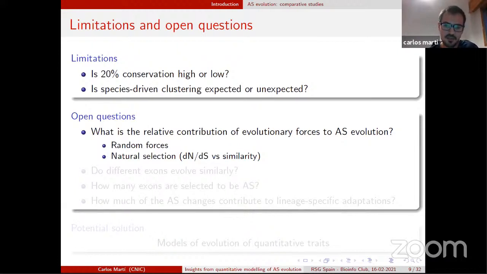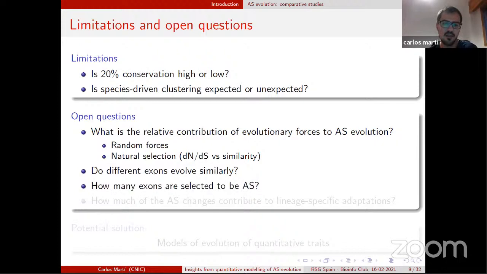Besides these, we have some other questions that have not been addressed so far and that we think we might be able to better understand. For instance, do different exons evolve similarly? Are exons selected to be alternatively spliced, or is it something more random?